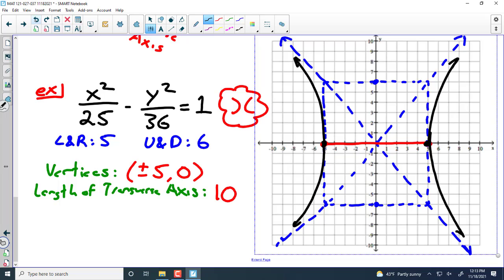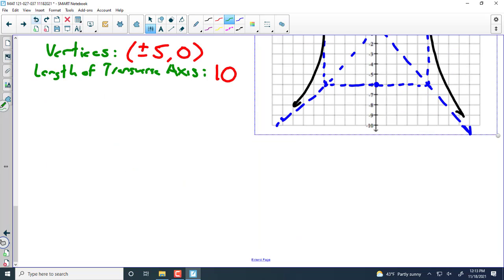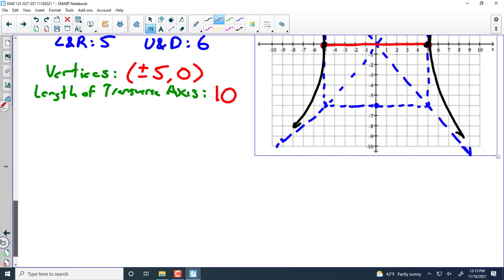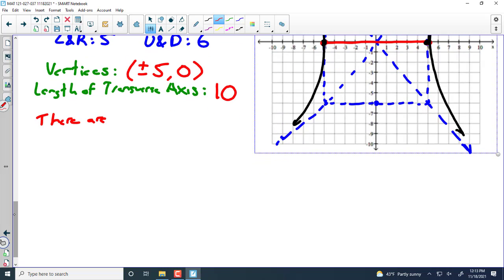I can draw in my hyperbola now. All right. There are only two vertices.